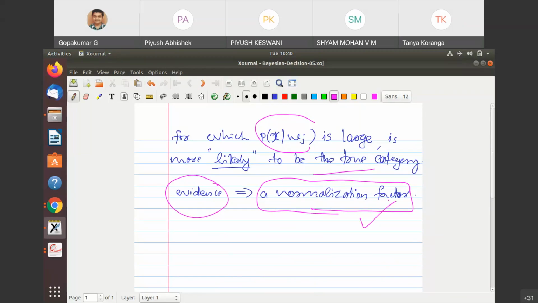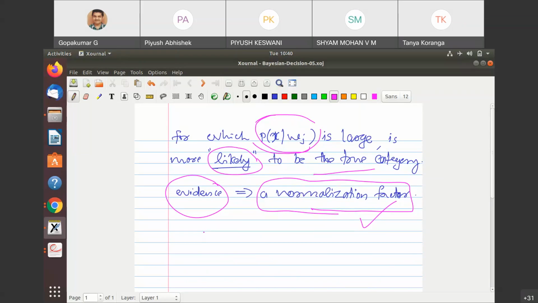And if P of W1 is equal to P of W2, then the class with the larger class conditional probability is likely the true category that we will be predicting. That is why it is called a likelihood function. That is the basic understanding of the Bayesian decision rule.